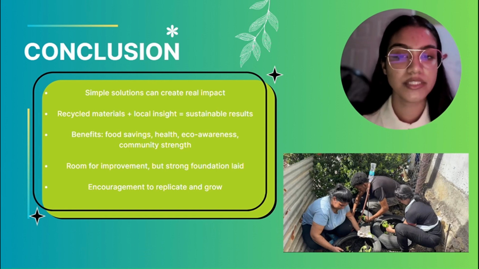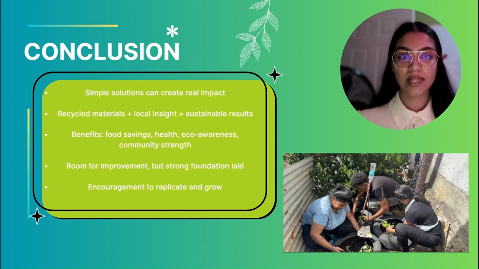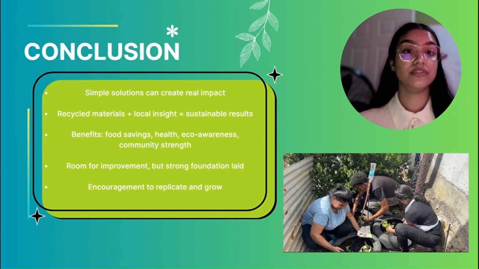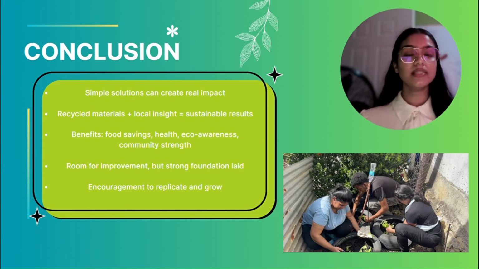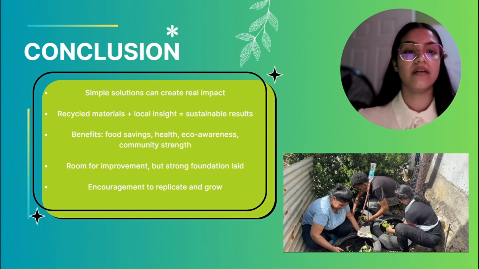As we wrap up this project, we reflect on more than just tires, soil, and seedlings. We reflect on what this grow box represents. It's more than a container for crops. It's a container for possibility, a small, low cost innovation that speaks to a much bigger vision.